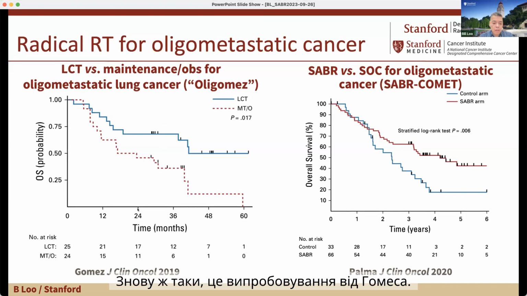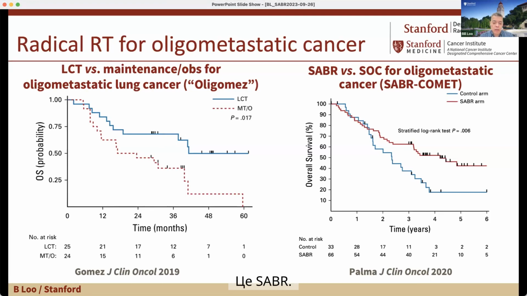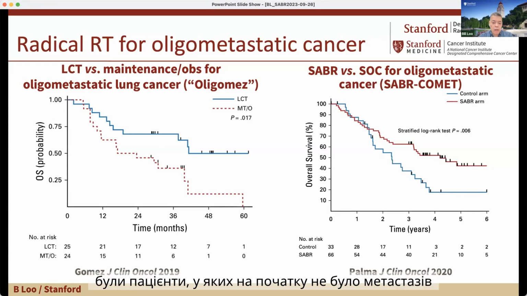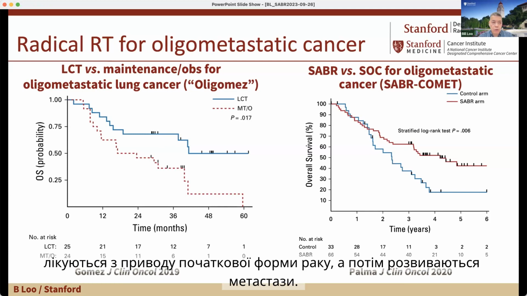On the left here, again, this is the trial by Gomez. On the right-hand side is a different study. This is the SABR-COMET trial in patients with oligometastatic cancer from various types, but it included lung cancer. These were patients who did not have metastases at the beginning, were treated for their original presentation of cancer, and then developed metastases later.